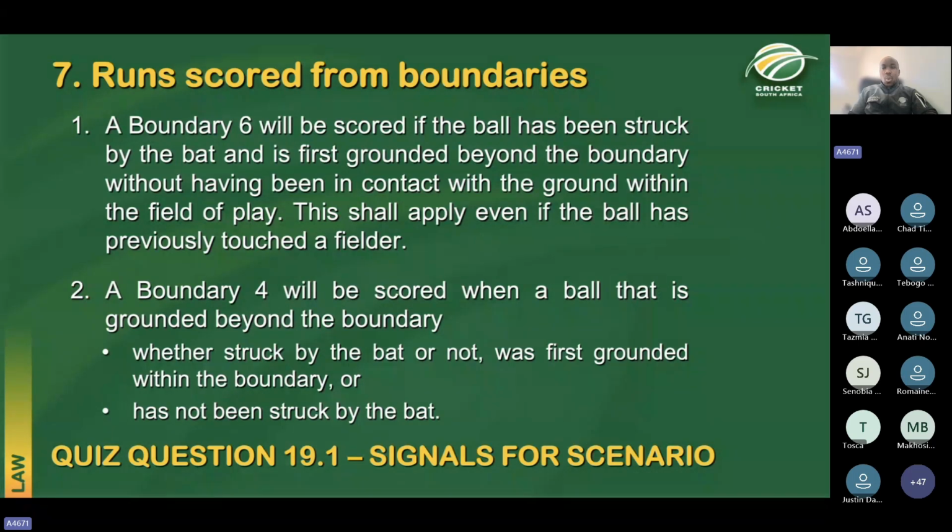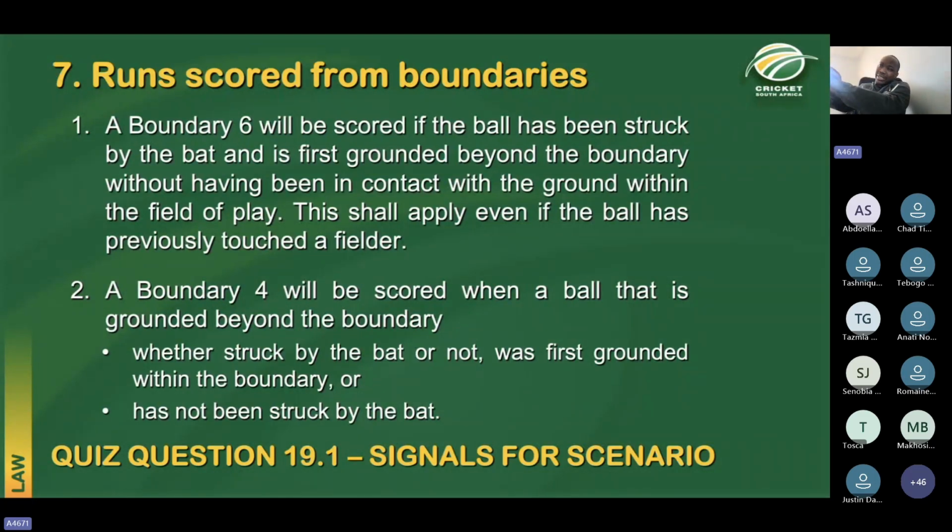Okay, what will the umpire signal in that scenario? I'll give you a clue. There are at least 2 signals that you need to signal in this scenario. I'll repeat the scenario. Bowler bowls a short-pitched delivery. It's a very fast bouncer. It bounces high up.